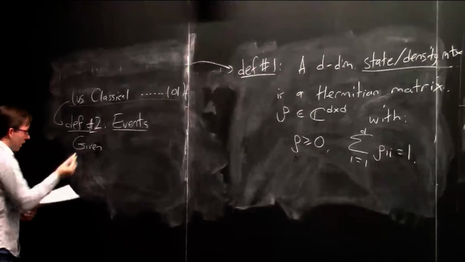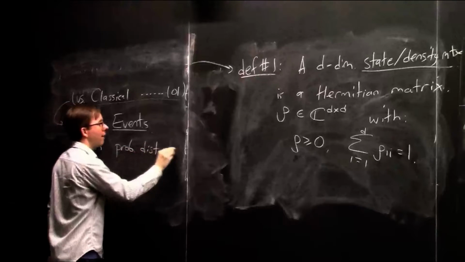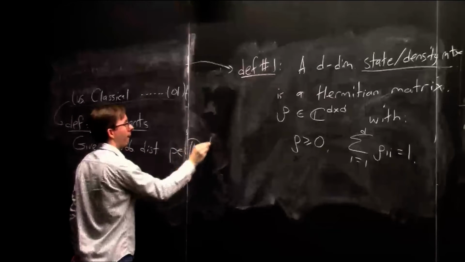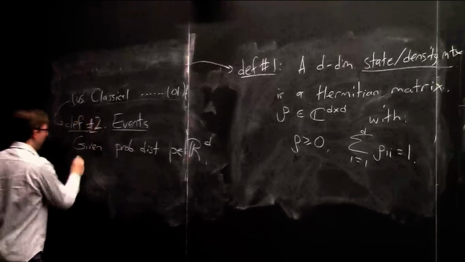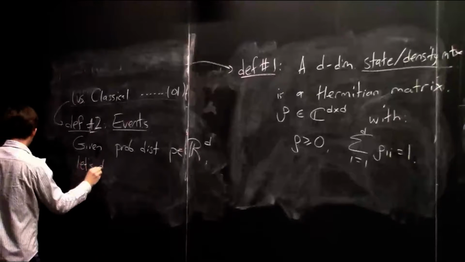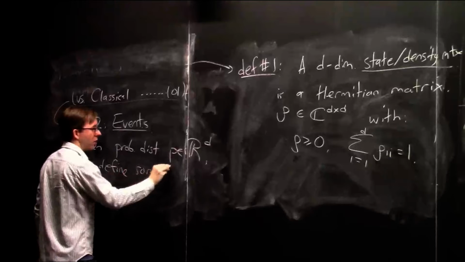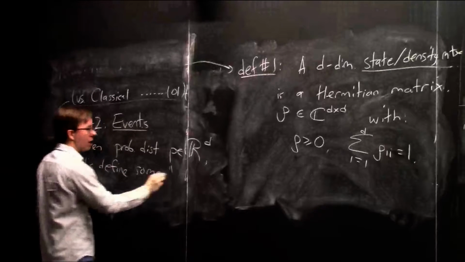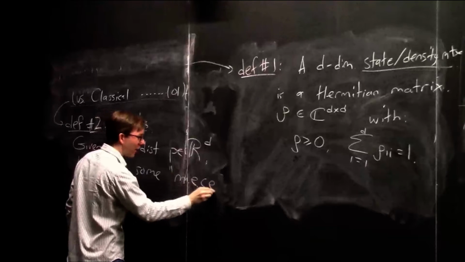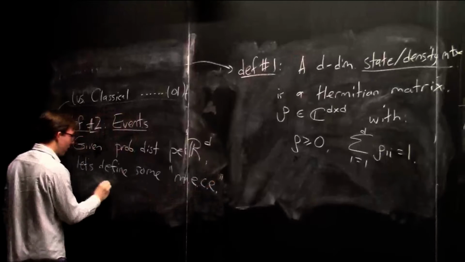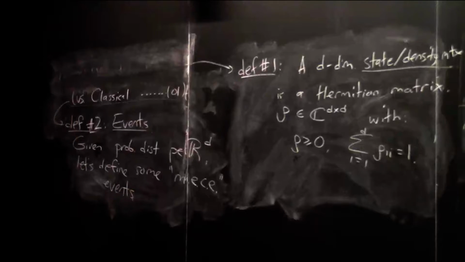Okay, so let's say you're given a probability distribution P on D outcomes. I want to define some MECE events, an acronym so I don't have to spell it out: mutually exclusive and collectively exhaustive events. Basically just a bunch of events where exactly one of the events always happens.